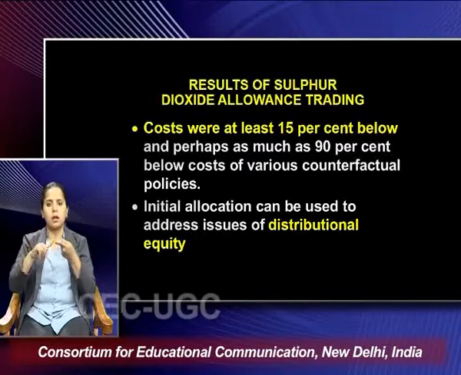Because of the Coase theorem, the initial allocation is not affecting the quantity of emission produced or the final distribution of allowances. So it also helped the government to settle the distributional aspect of the economic problem.